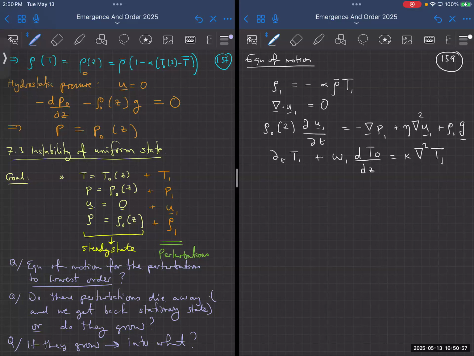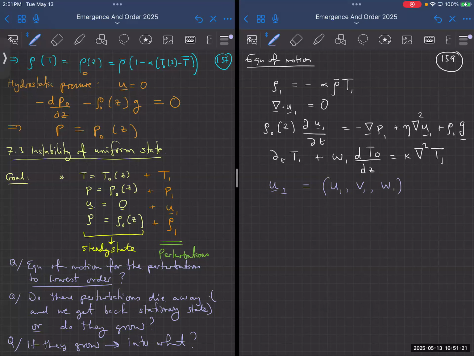Okay, so those are the four equations of motion. Here I've written that the vector U1 is equal to U1, V1, W1. So the components of the velocity in the x, y, and z directions are U1, V1, and W1.